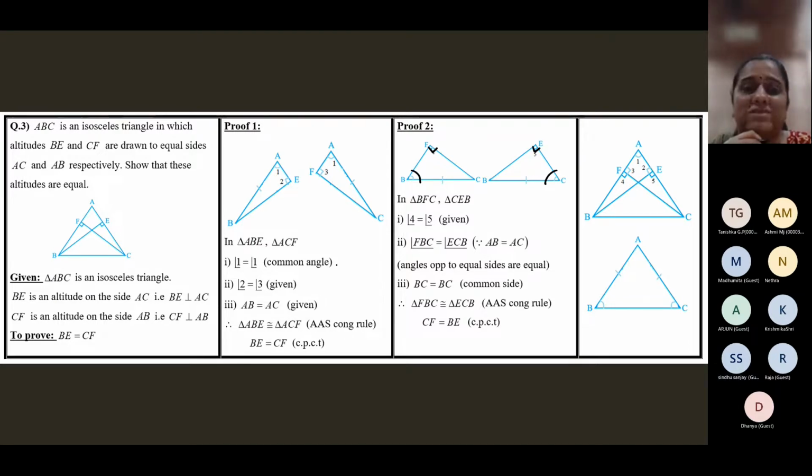Because both the triangles have a common base, BC. You can see the main figure here. Both the triangles stand on the same base, BC. So BC is equal to BC.